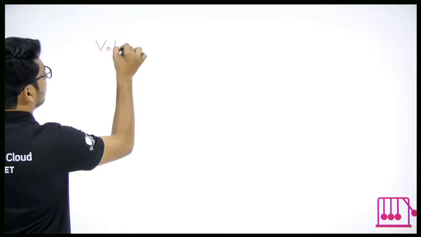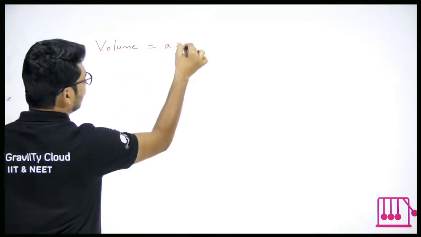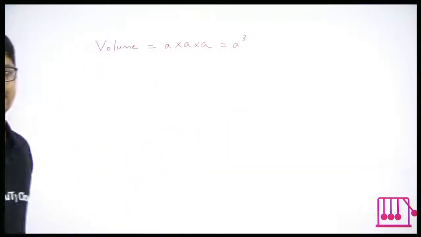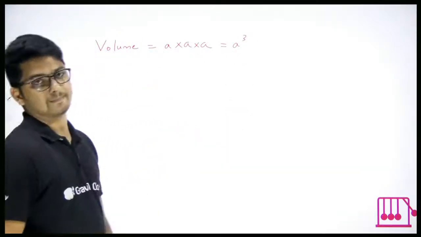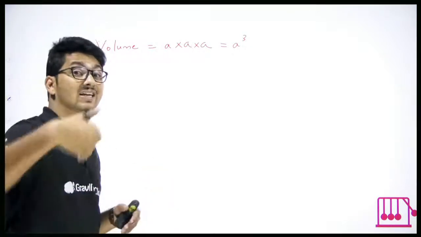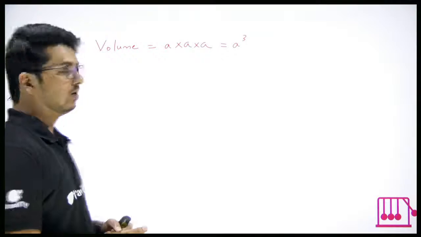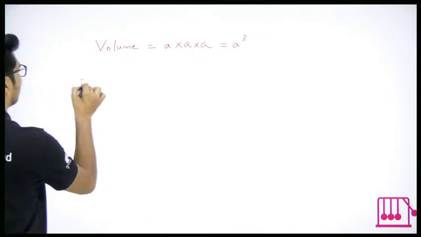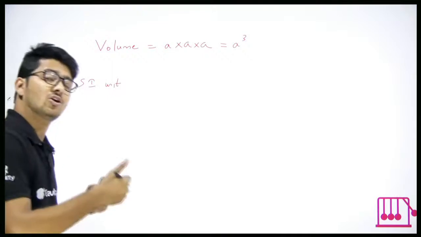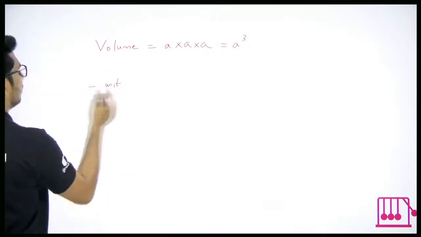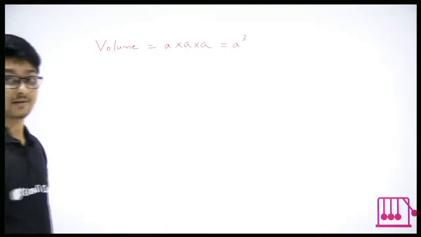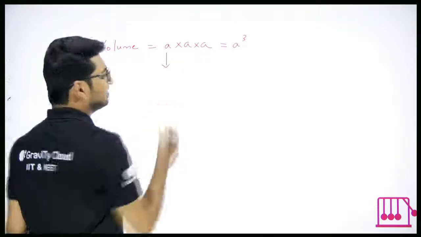Now, let's look at this. What is the formula for volume of a cube? It is A into A into A. That is nothing but A cube. A is nothing but the side length. Now why is the formula important? It is important so that we can understand the unit of volume. How do we get the SI unit of volume? For that, we'll look at the units of A. A is the side length.